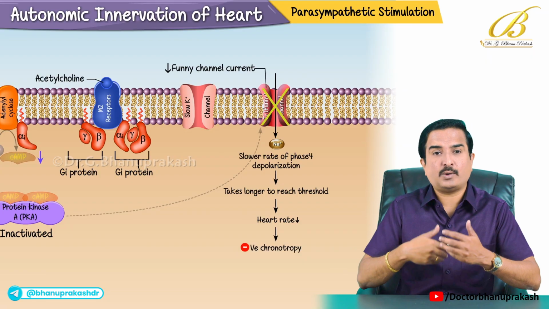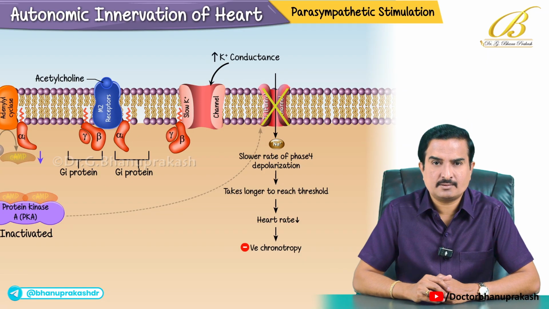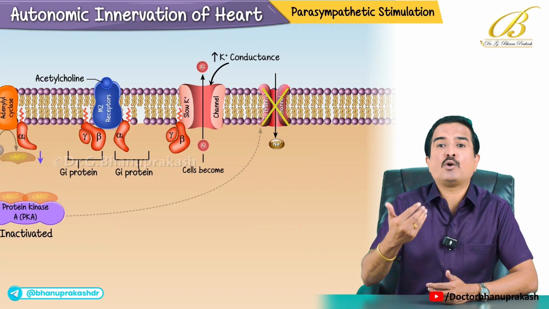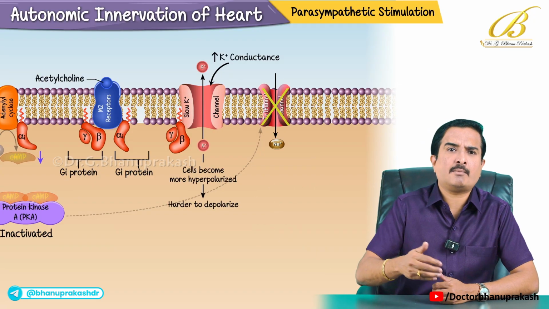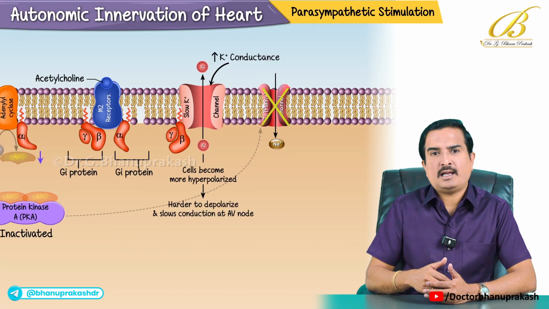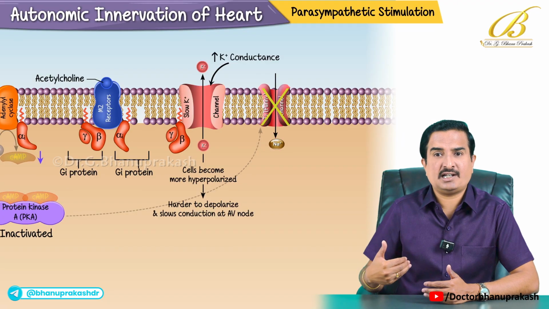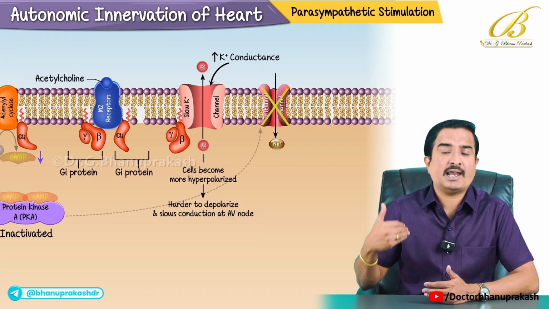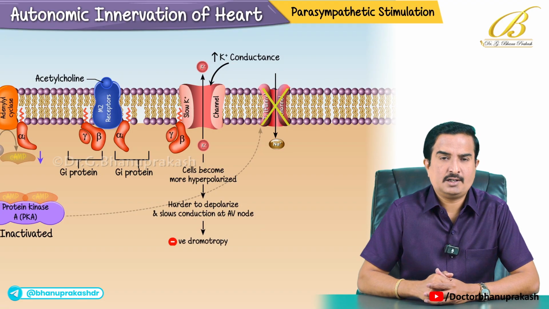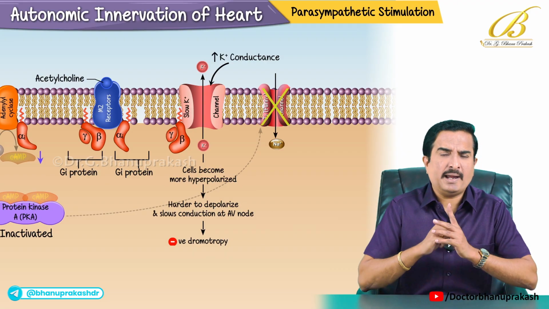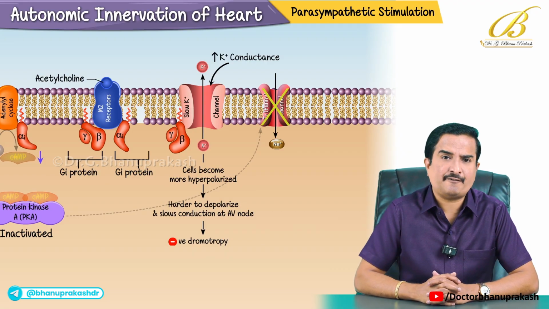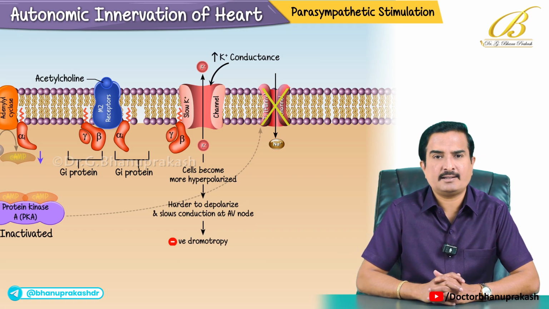And there will be increased potassium conductance, meaning cells become more hyperpolarized, which makes them harder to depolarize and slows the conduction, especially in the AV node, leading to a negative dromotropy, guys. So the conduction velocity in the AV node will be drastically decreased. Negative dromotropy is mainly the effect of the parasympathetic nervous system on the AV node rather than the SA node.